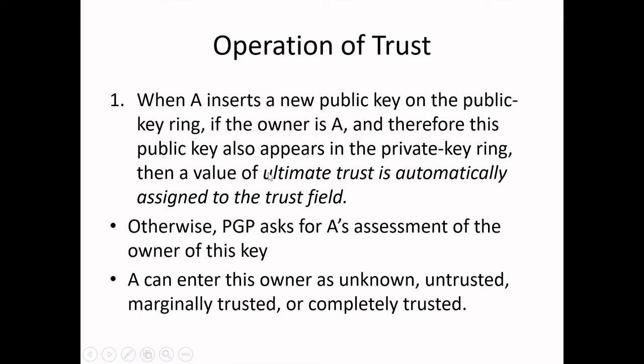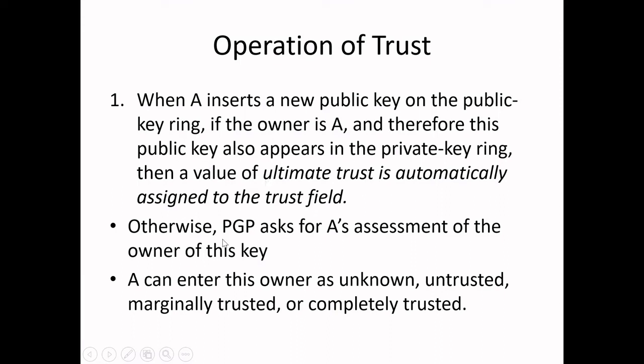So if A itself is the owner, then the owner trust field value associated with this entry will be ultimate trust. A is inserting a public key into the public key ring, and if A is the owner, then the value entered in the owner trust field is ultimate trust.